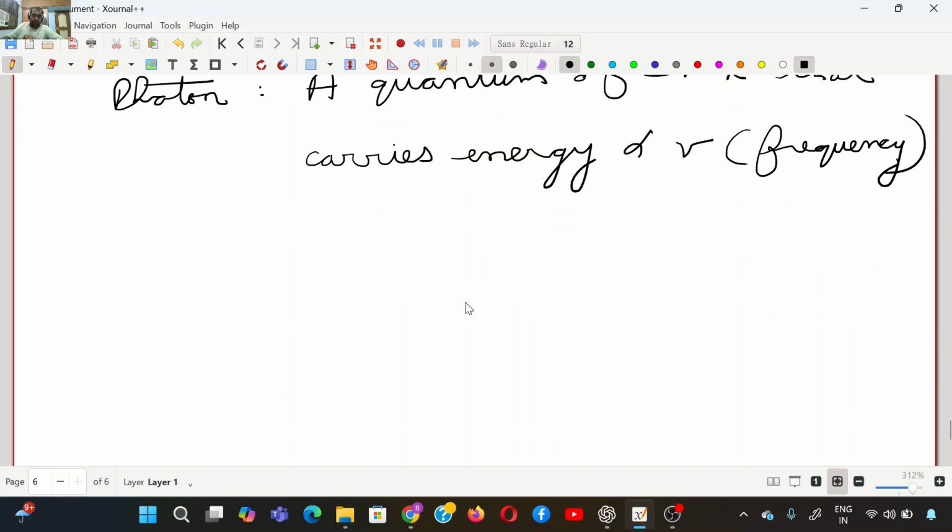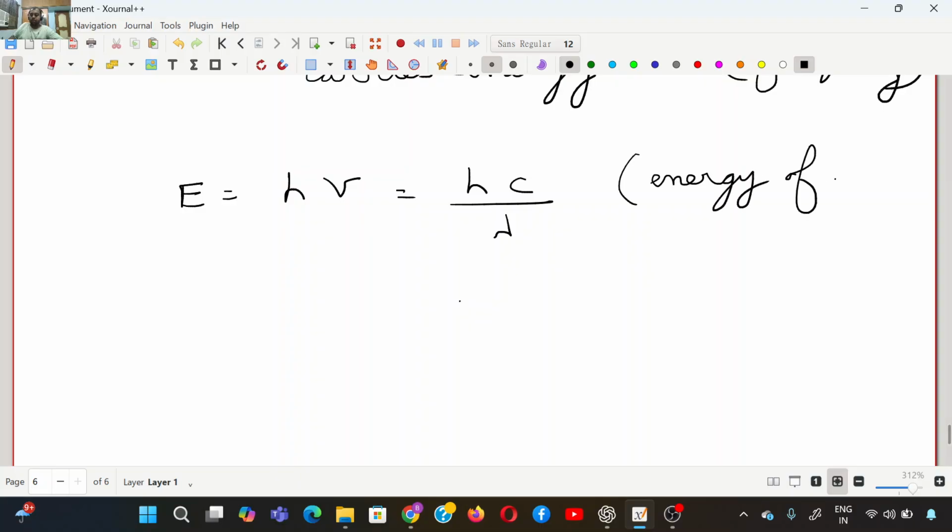The energy of a single photon is given as E = hν, or hc/λ. I already told you that h is Planck's constant, what frequency is, what the speed of light is, what lambda is, etc. So this is the energy of a single photon. This we already saw.